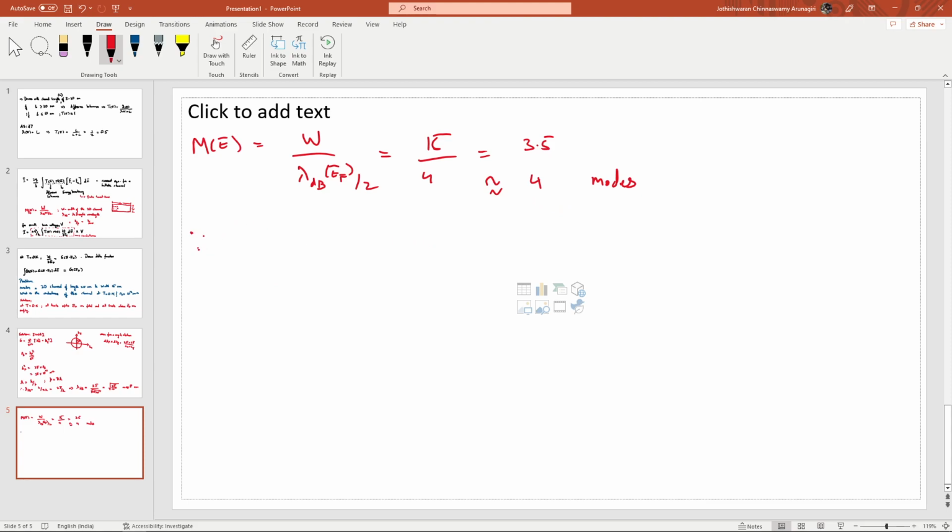Since T equal to 0 Kelvin, we know that I is equal to 2q square upon h into T of EF into M of EF.